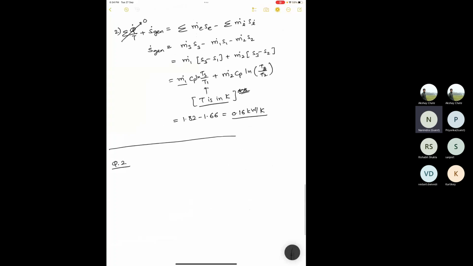Anyway, moving on. There is one more type of question which is generally asked, the inventor's claim.